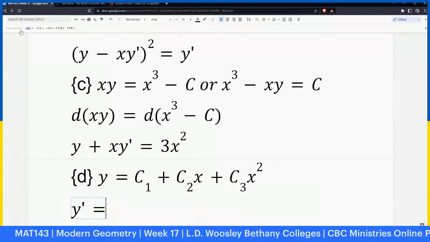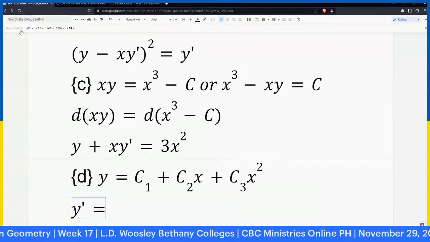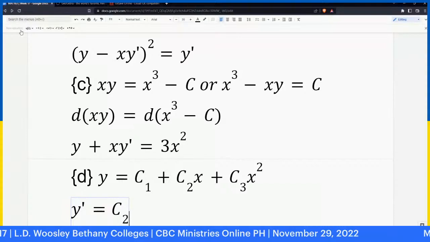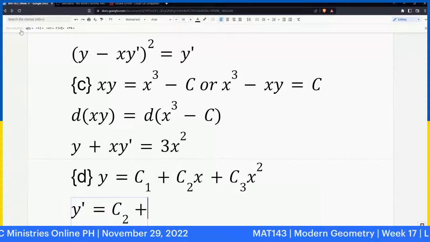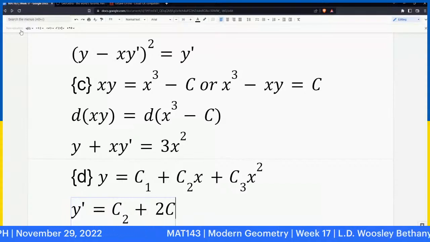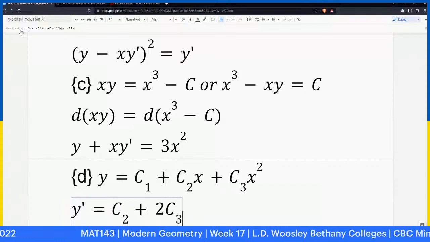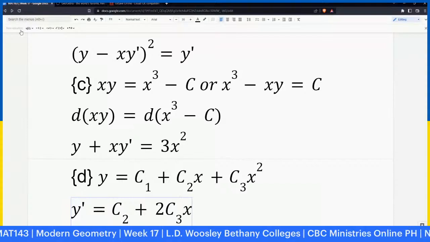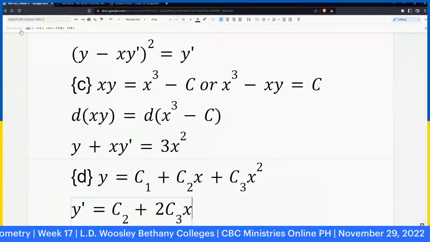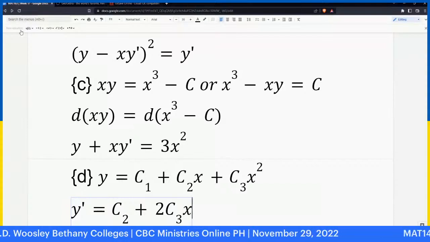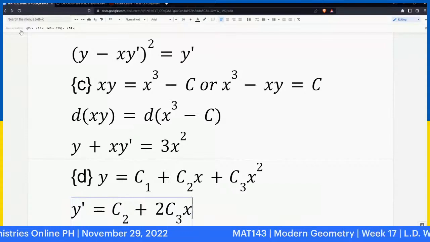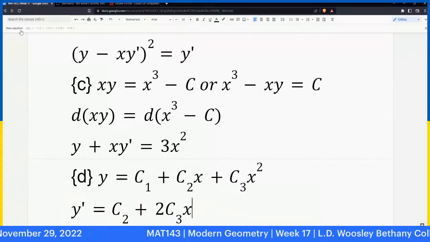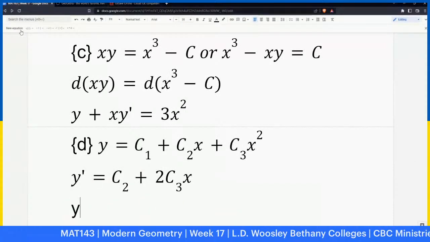Tama? c sub 2 plus 2 c sub 3 x. Tama ba? Derivative of c sub 2 x is c sub 2. Yes po. Alright. So, still have 2 more derivatives. How about y double prime?